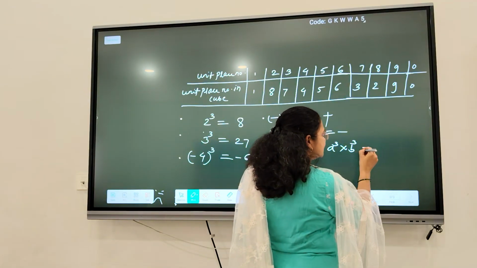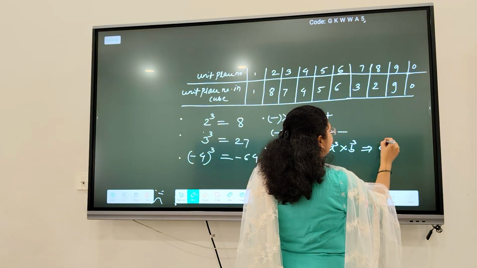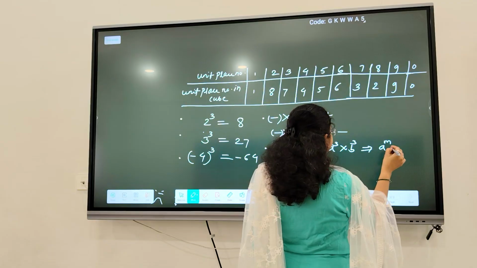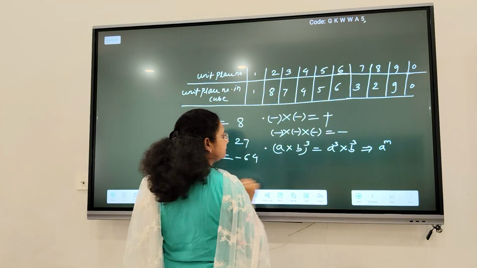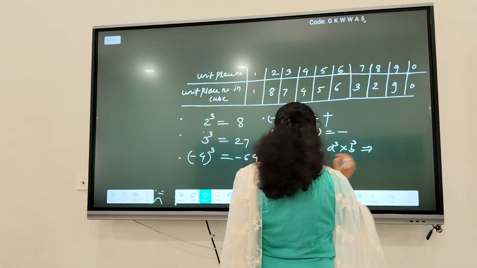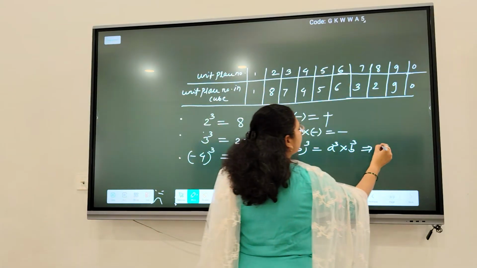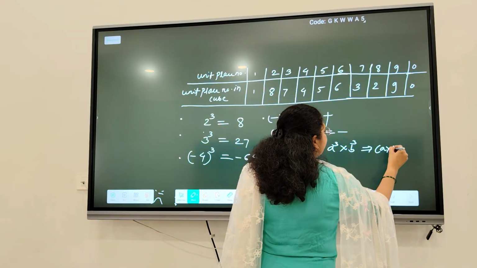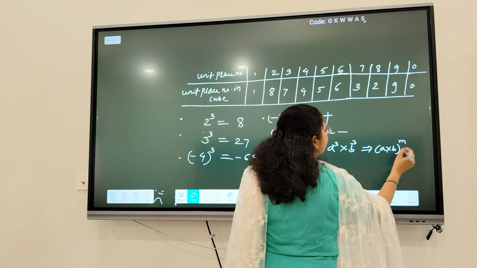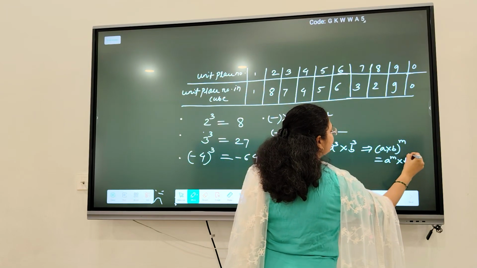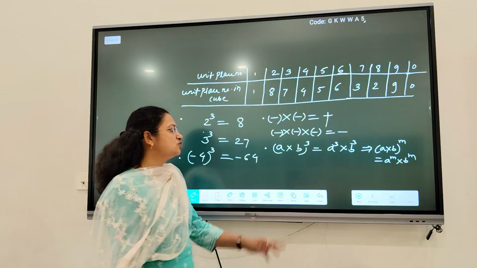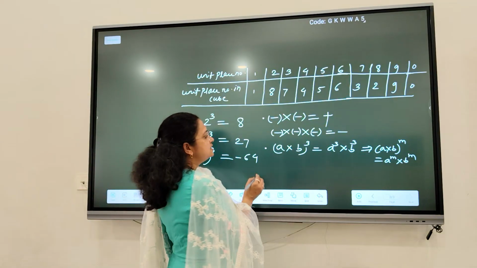Which law is this? a to the power m. a multiplied by b to the power m equals a to the power m multiplied by b to the power m. This law is applied here.